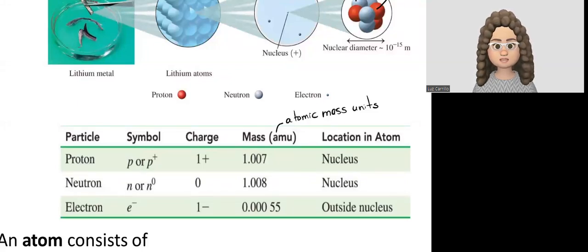Lastly, we have electrons. Electrons are symbolized by a letter E with a negative sign as a superscript. Overall, they have a charge of -1. We can observe that they are outside of the nucleus.